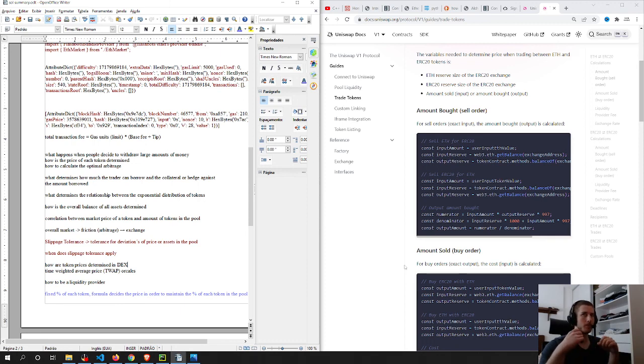So if they put 5,000 USDC and 5,000 ETH, and someone trades, it's gonna change the distribution. So does that mean the liquidity provider distribution is gonna change or not? And if not, then how does that work? I think that's one question.